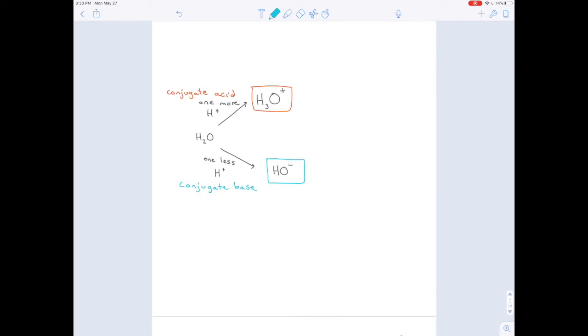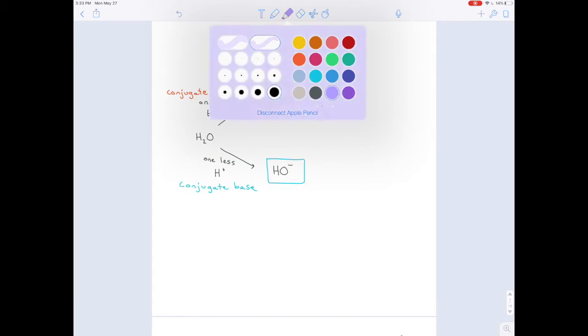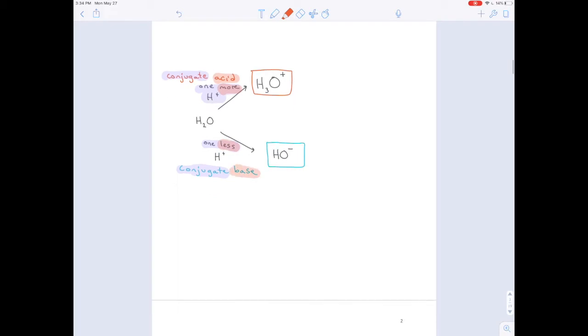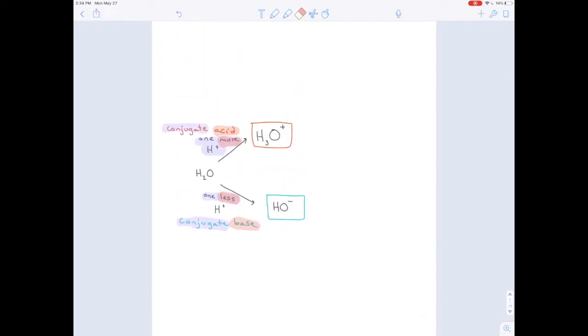So a conjugate is something that has a difference of just 1 H. If you have one more, then you're a conjugate acid. If you have one less, then you're a conjugate base. Okay.